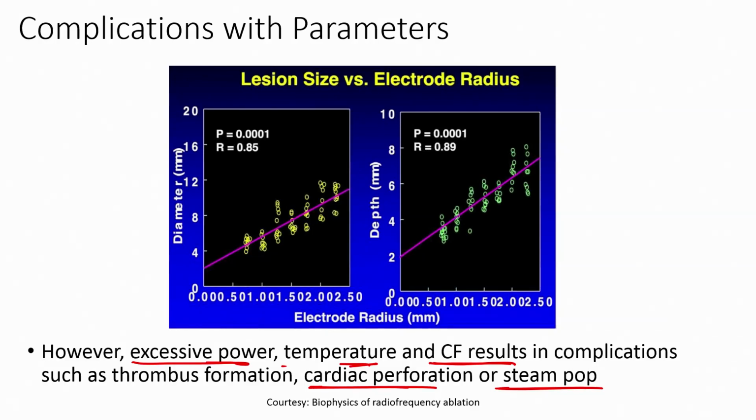That is why, if you see here, there is lesion size versus electrode radius, you can see the diameter here and the electrode radius here. In the same way, the depth versus electrode radius.